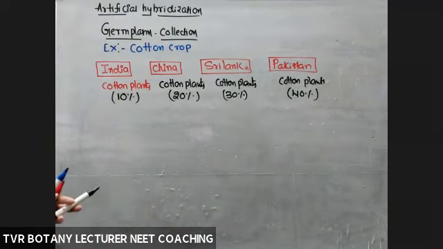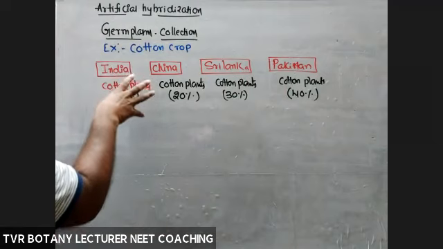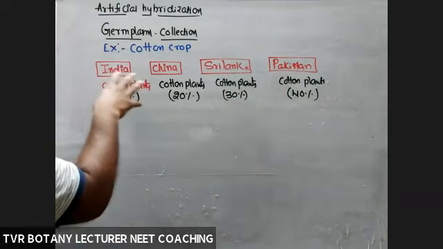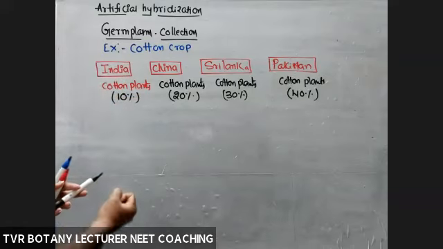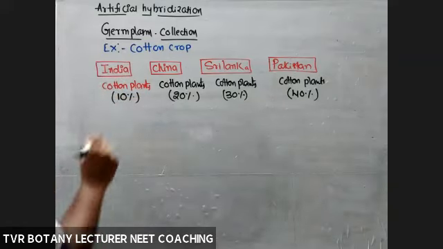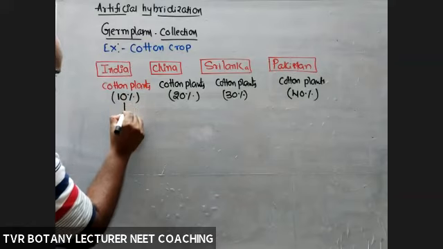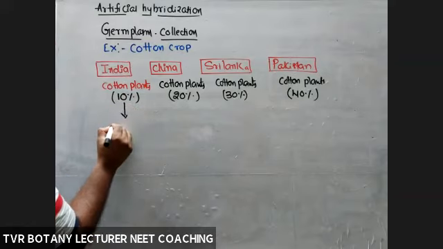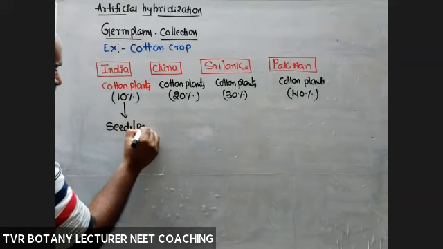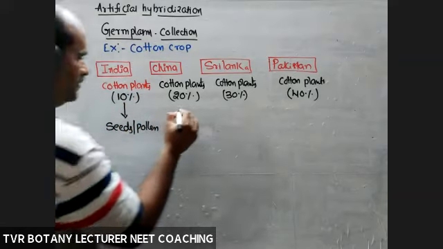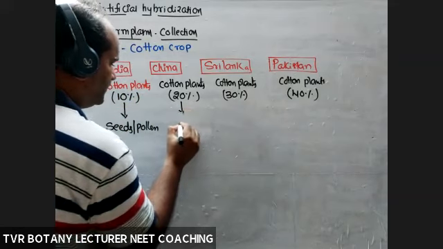Okay, right? So the cotton plants, all the plant groups collected from India, have 10% desirable characteristics. From all these plants, collect plant parts, seeds or pollen grains.